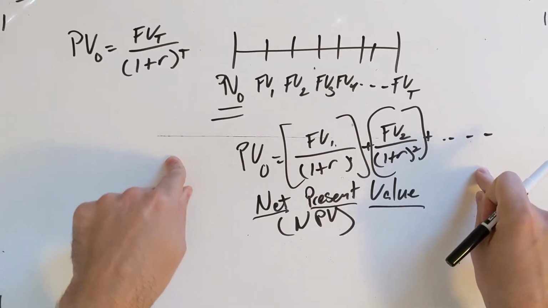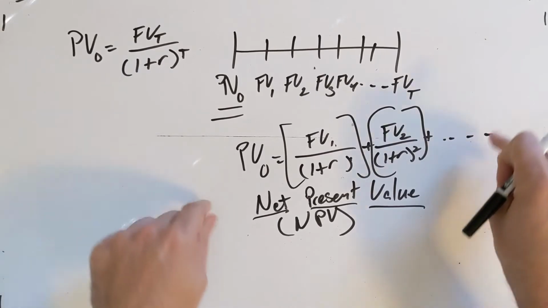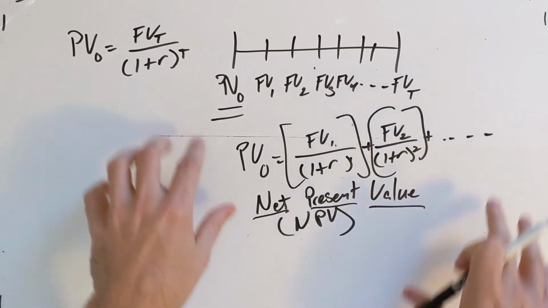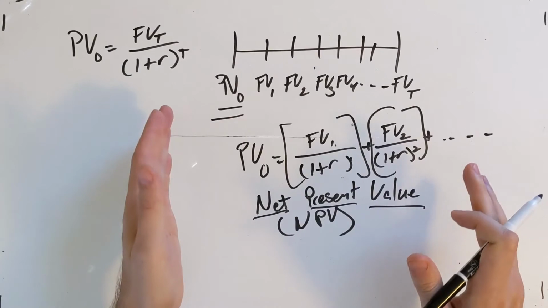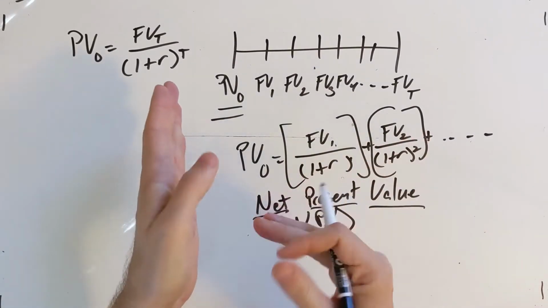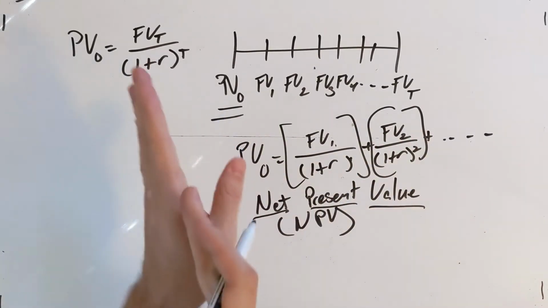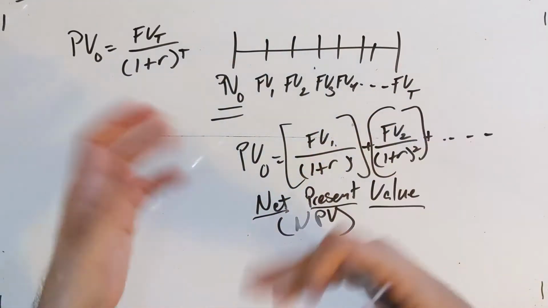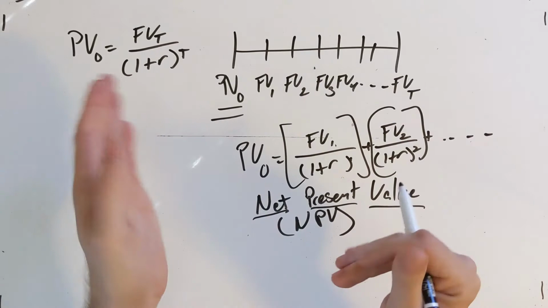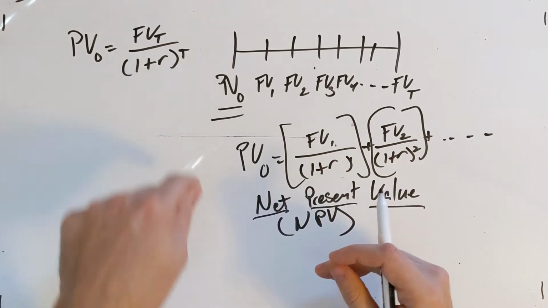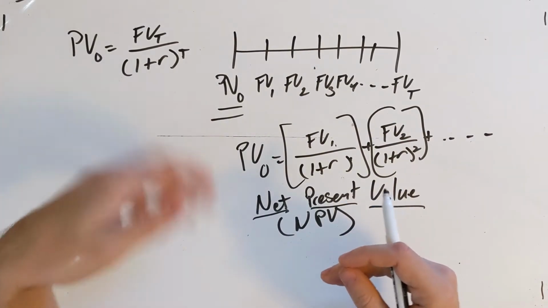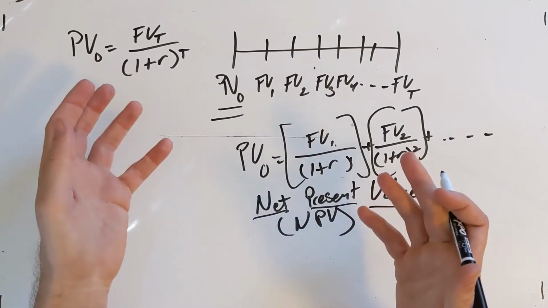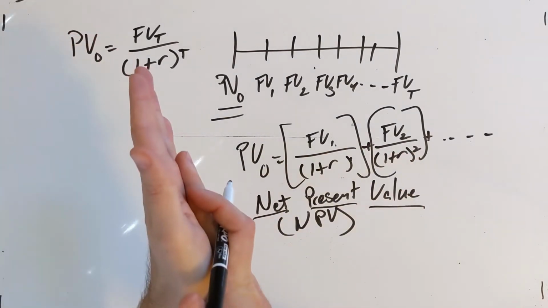And so the interest rate tells us how to balance values through time. But if values occur at the same point in time, we don't have to do time value of money. We can just add them together or subtract them or do whatever we want because, hey, $100 now versus $50 now, I know exactly the difference between those two things at the same point in time.